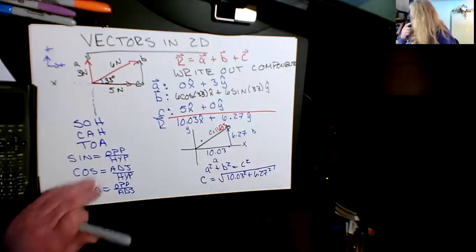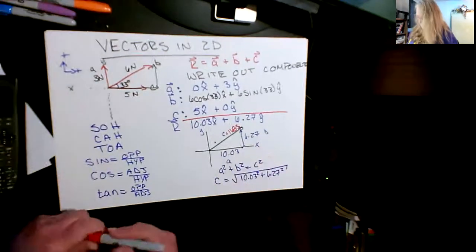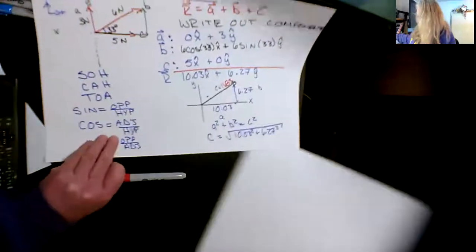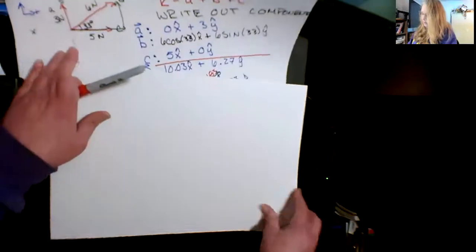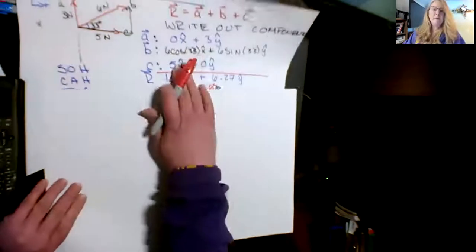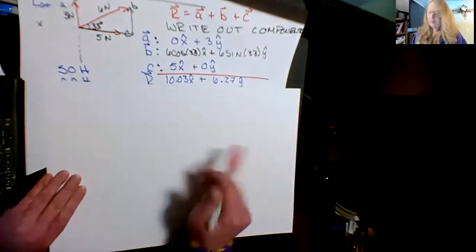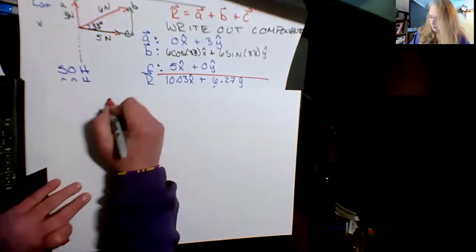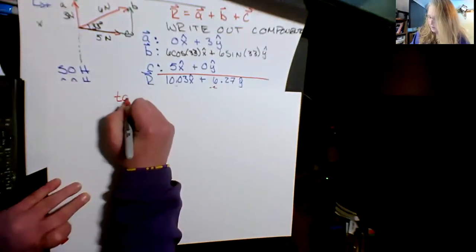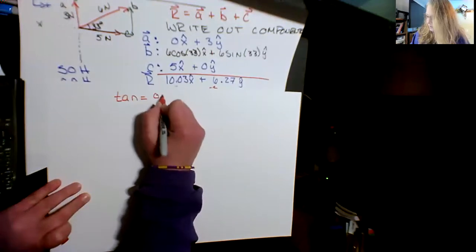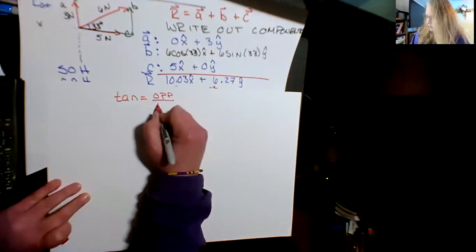And then the last little piece I can do, I'm going to run out of space. I'm just going to kind of, no, I won't be that sloppy. We can define what that angle is. So there's a reason I did the TOA. So you can see this. There we go. So the angle of that is tangent equals opposite over adjacent.